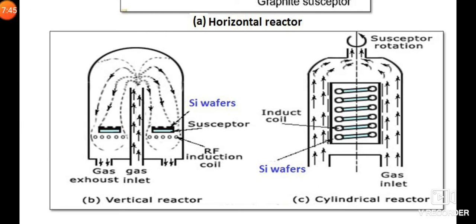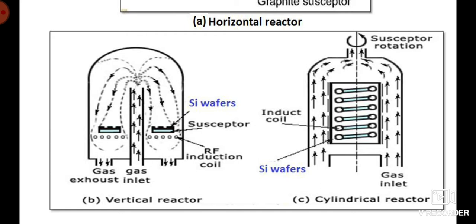Now, in the cylindrical type of reactor, the wafers are placed on the wafer holder, as you can see in the figure. The wafer holders are inside the rectangular box. The wafers are placed on the surface of the rectangular piece.